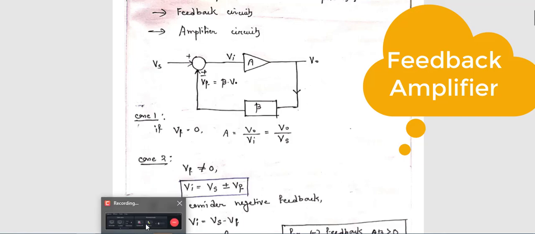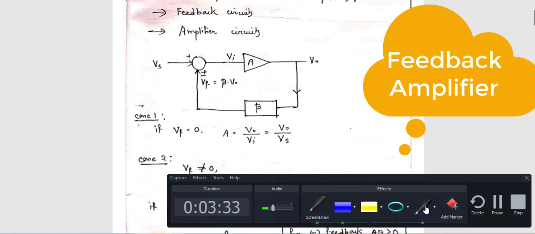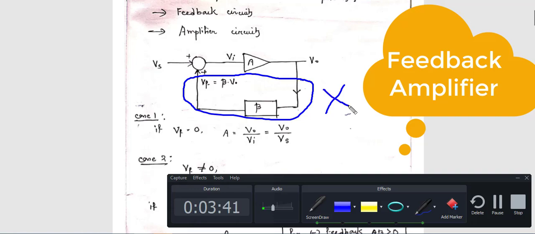Suppose we take this. Now assume this overall feedback path is missing. That means there is no feedback path in the first case, so your Vf is equal to 0. That means in your circuit you first have one input voltage, say Vs, then this Vs is passed through an amplifier circuit, and after that amplification you get your output, that is V0.